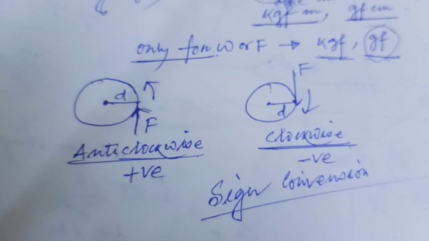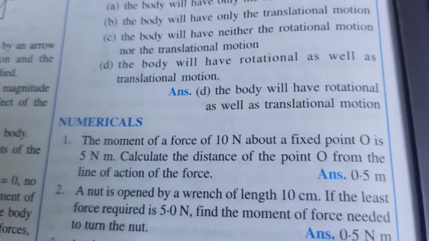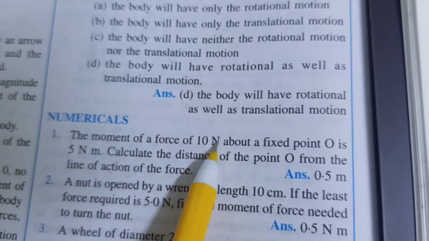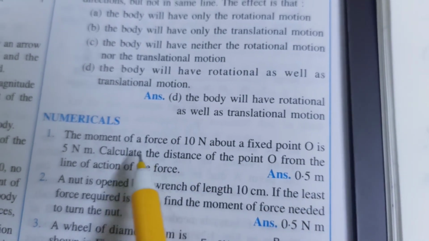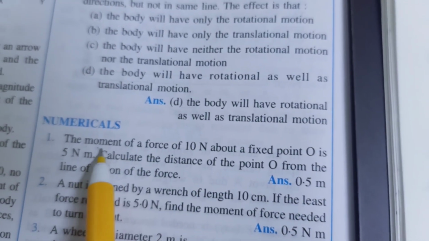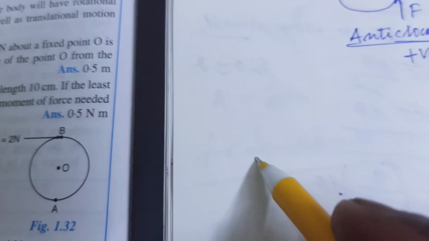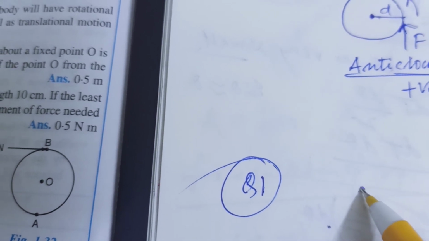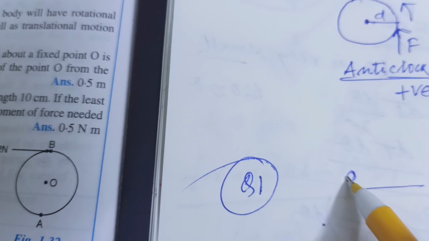So let's take an example. Suppose it's numerical number 1, and the moment of force is given about a fixed point O. When a numerical is given, it is always written as the moment about a fixed point. Suppose this is a fixed point, the pivoting point.